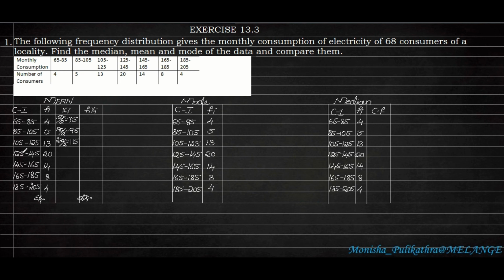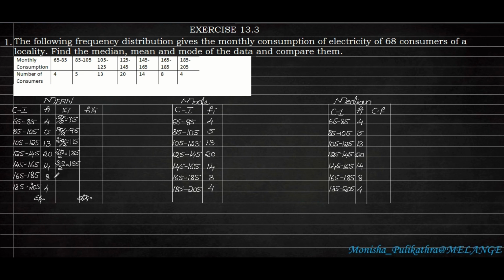So next is 125 plus 145 is 270. So 270 divided by 2 is equal to 135. Next 145 plus 165 is equal to 310. 310 divided by 2 is equal to 155.